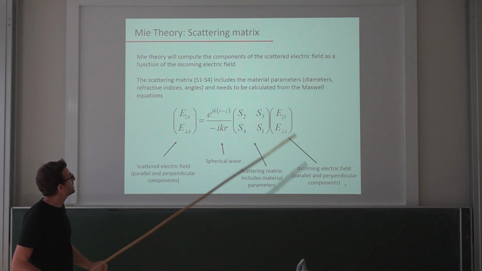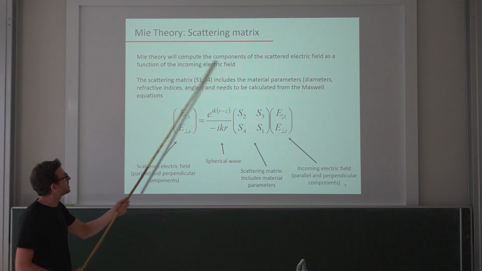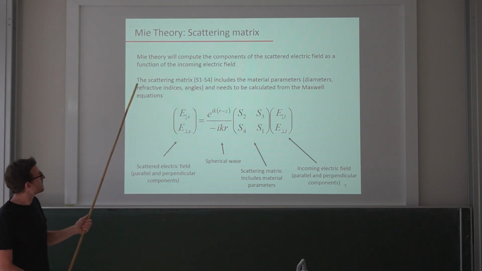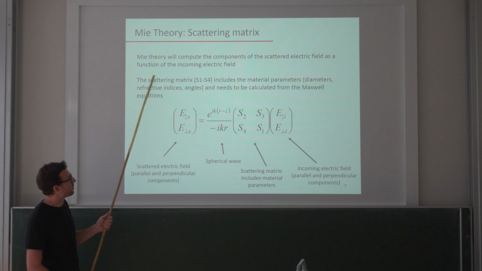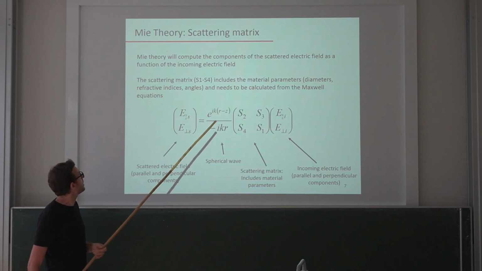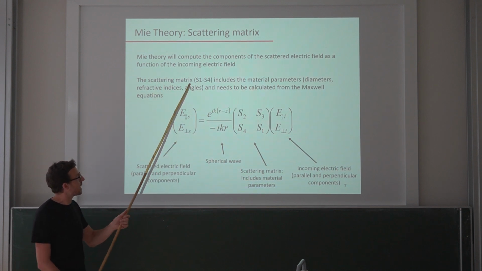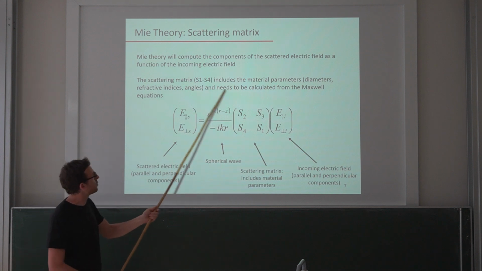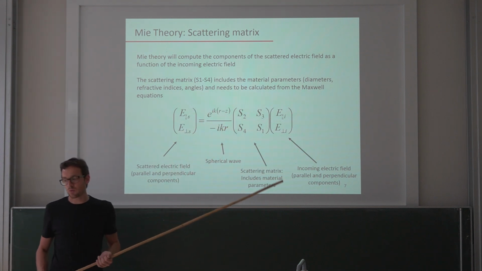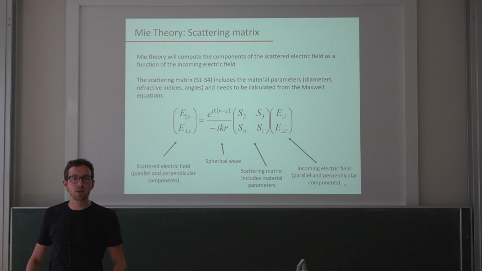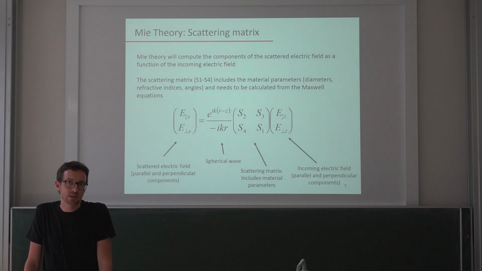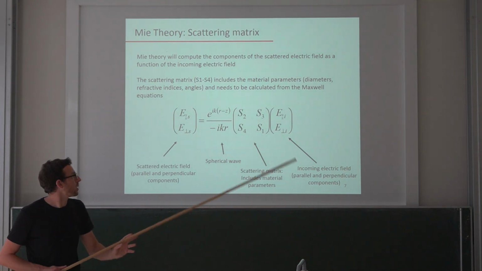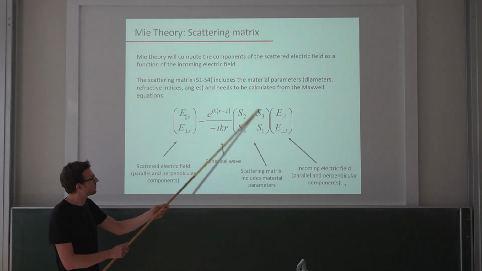Okay, so now what Mie theory does is compute the components of the electric field, as I said, and this is done via the so-called scattering matrix. And this is where the material parameters, so diameter, refractive index, angles, and so on, that are needed to plug into the equations come into play. So this is really where the boundary conditions that we discussed last week are encoded in these S1 to S4.